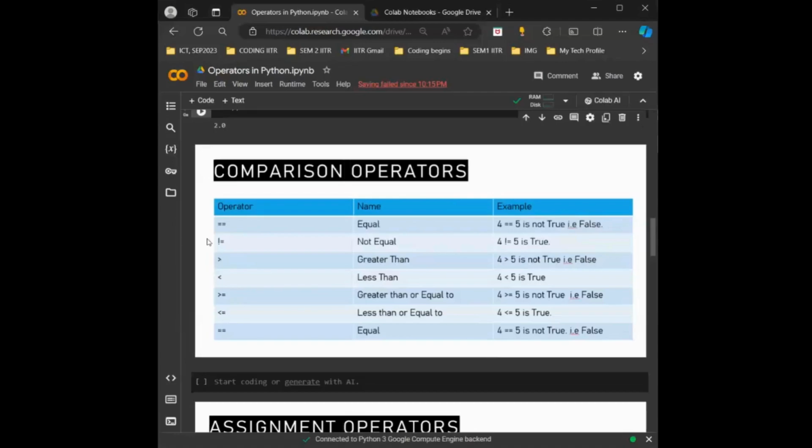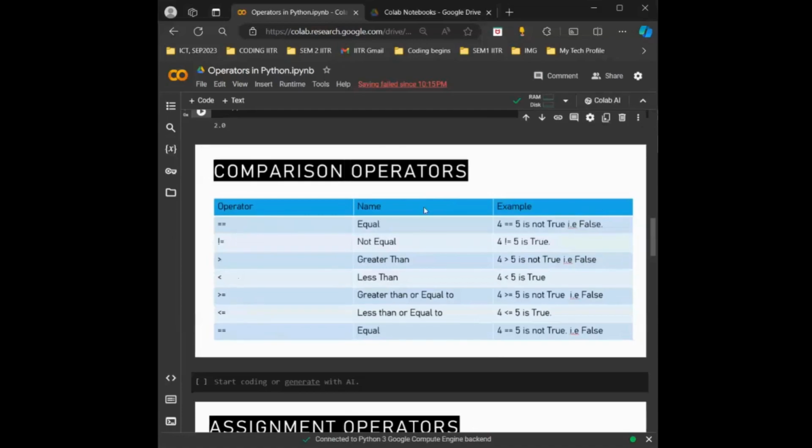The operators are double equal to sign, not equal to, greater than, less than, greater than equal to, less than equal to. So equal is repeating itself. We'll ignore the last line. Double equal to checks the equality of the number on the left hand side with the right hand side.